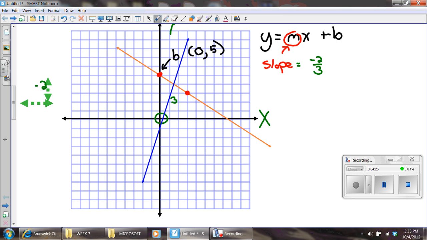So that means that b is equal to 5. Now watch how hard this is. The equation for the red line will be y = -2/3 x + 5. There you go. I looked at the graph, and I was able to write its equation because I was able to figure out the slope and the y-intercept.